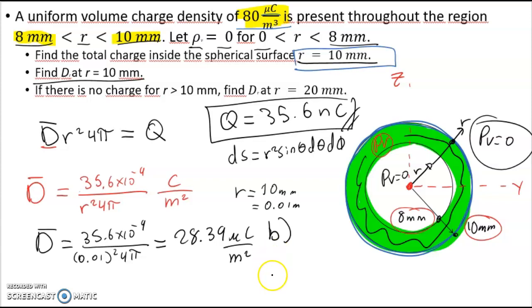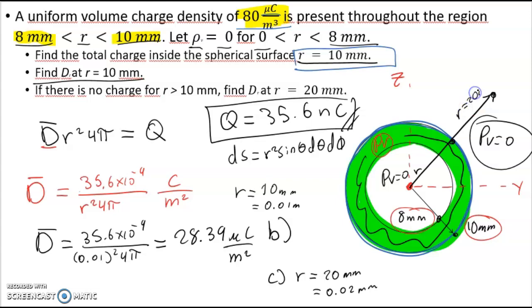Now, for C, we'll consider that radius equals 20 millimeters, or 0.02 meters. What is important to note is that we're working with a radius that extends from here to here.